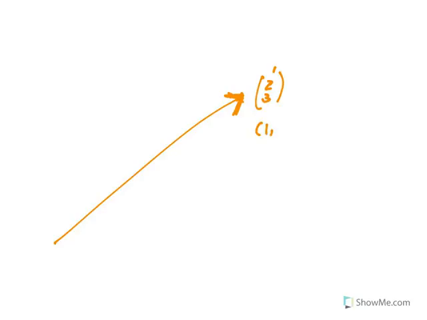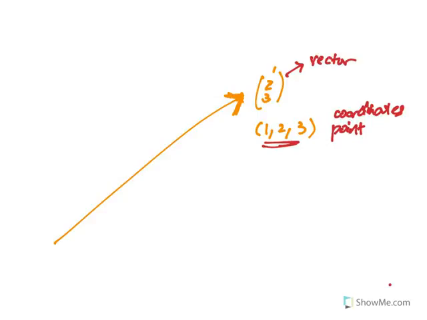If I write it this way, 1, 2, 3, am I referring to a point or a vector? This one is a point. Coordinates. You notice the notation, how they write. Why do some write in a row, some write in a column? This one refers to a vector. Vector means a direction.